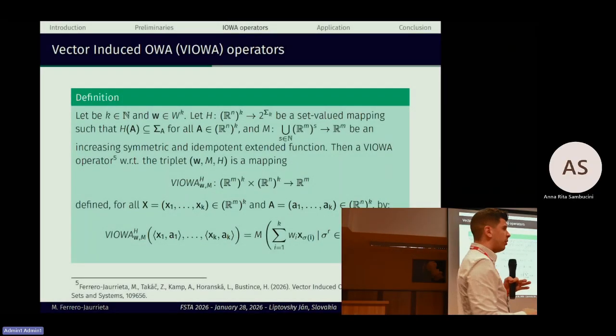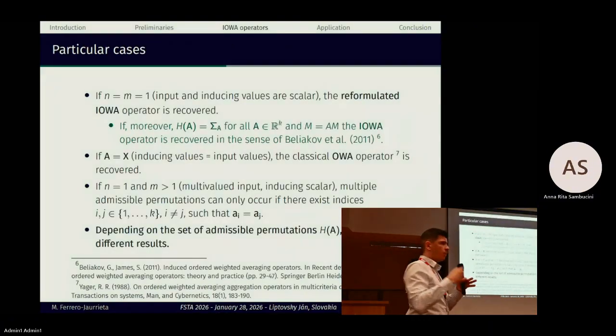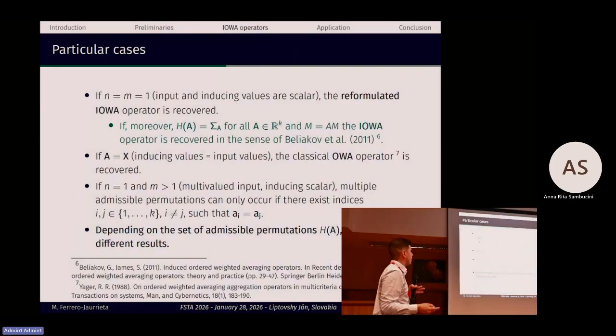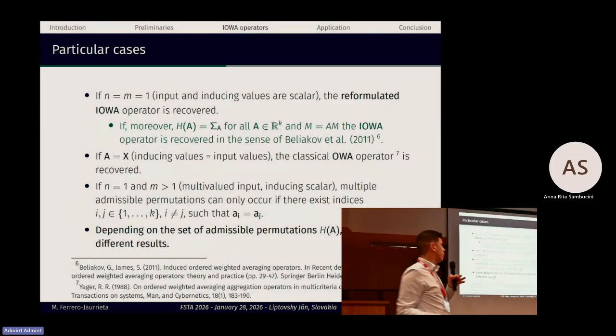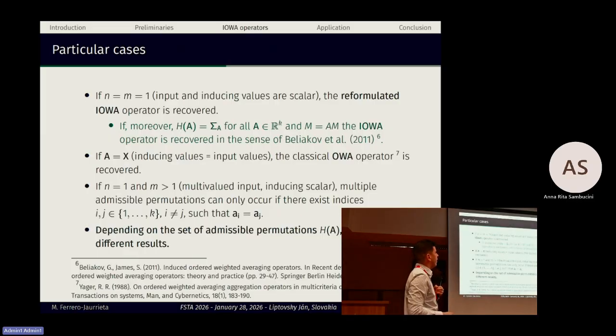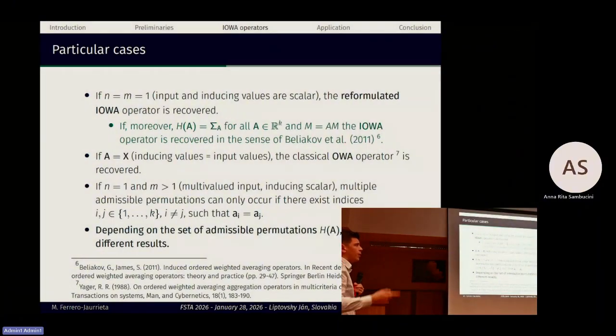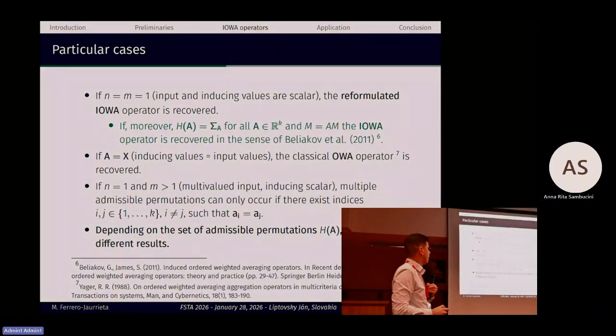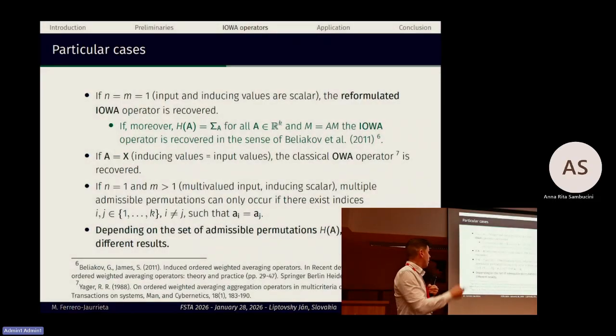Taking into account this definition, we can talk about some particular cases. If the input and the inducing values are scalar, we recover the reformulated IOWA operator. Also, if moreover the set is the set of all admissible permutations, and the function is the arithmetic mean, we recover the IOWA in the sense of this reference. Also, if the inducing values and the input values coincide, we recover the classical OWA operator.